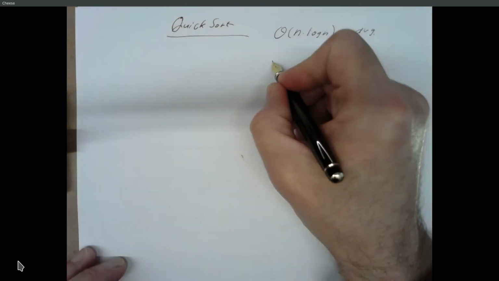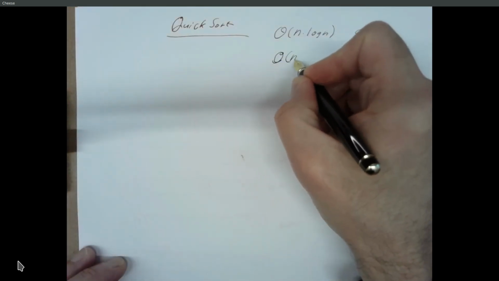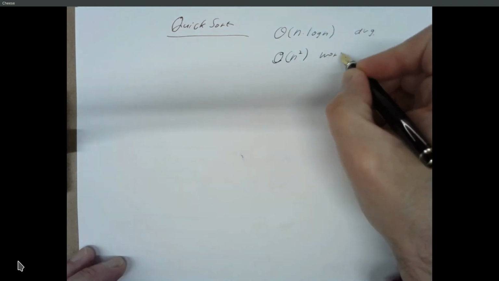Worst case, this is actually order n squared. So at its worst, it's on par with a bubble sort, but a whole lot harder to code. But average case n log n, so merge sort, heap sort, most of the sorts we're going to talk about from here on out are n log n, and that's pretty good.